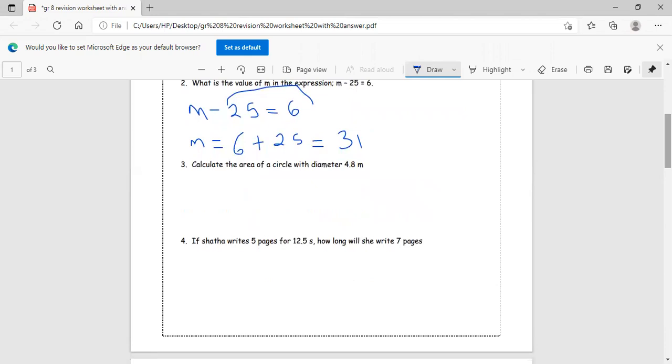Now, number 3 says calculate the area of a circle with a diameter 4.8 meters, right? Okay. So now the diameter is 4.8.